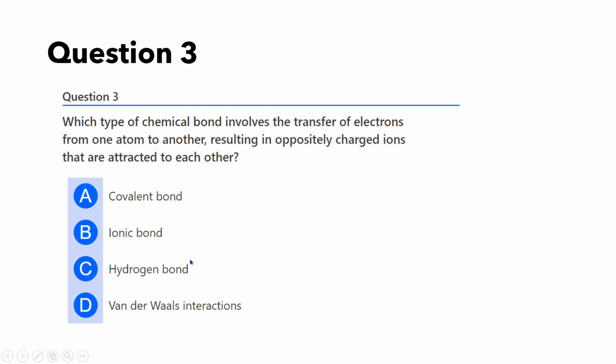A hydrogen bond does not create oppositely charged ions and does not transfer electrons, so that's crossed out. An ionic bond, however, is by definition a transfer of electrons from typically a metal to a nonmetal.